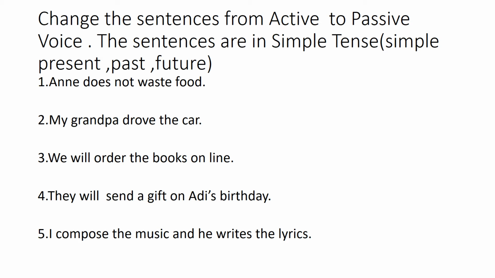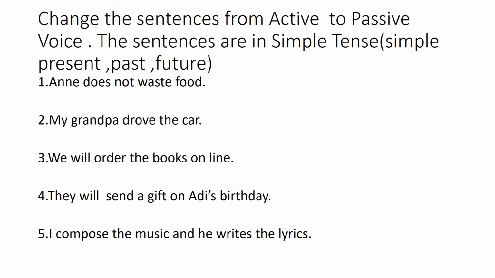To make it passive voice, we have to change it to will be plus verb 3. Verb 3 is also called past participle. The answer is books will be ordered online by us. Add preposition before the object in passive voice. Pronoun we changes to us.